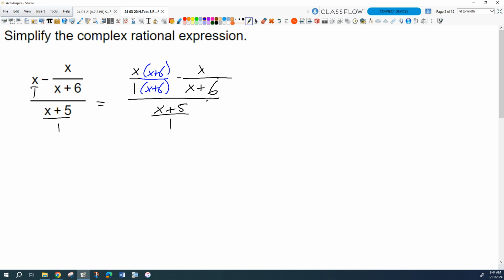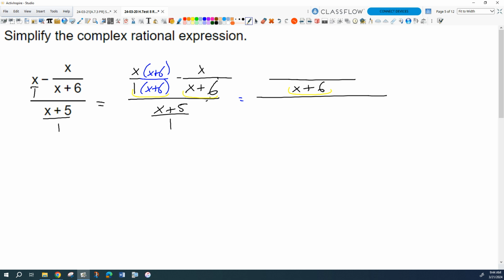How about the second term? All good. So in my numerator then, I've now got a common denominator, right? There's my common denominator, x plus 6. So I can write this with a common denominator, x plus 6.